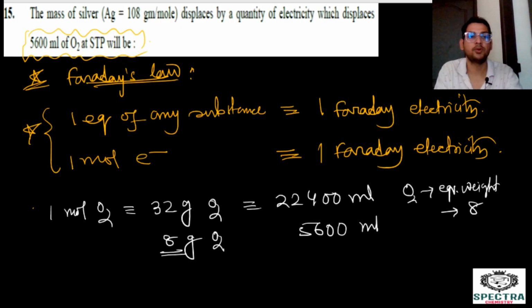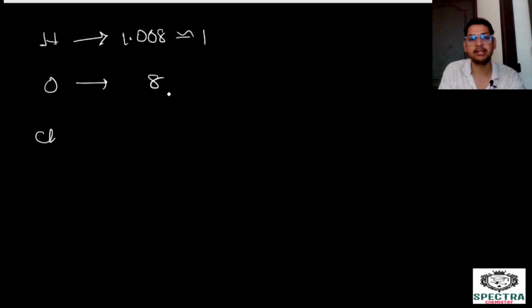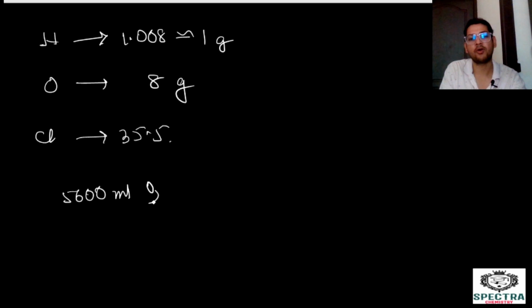I have told you that hydrogen, oxygen and chlorine, their equivalent weight is standard. Hydrogen, the value is 1.008. You can take this as 1 gram. Oxygen, it is 8 gram. And for chlorine, it is 35.5 gram. Now you got that 5600 ml oxygen means actually 8 gram oxygen, that means 1 equivalent oxygen.